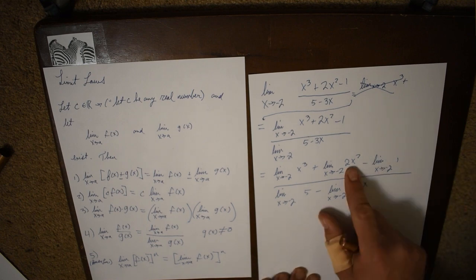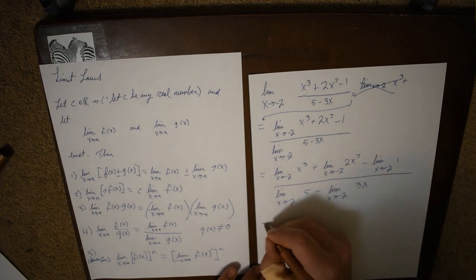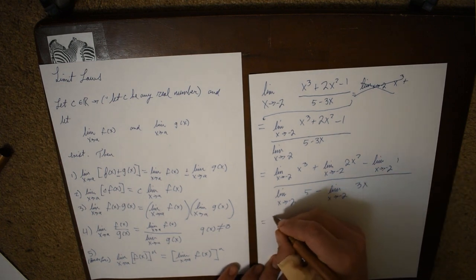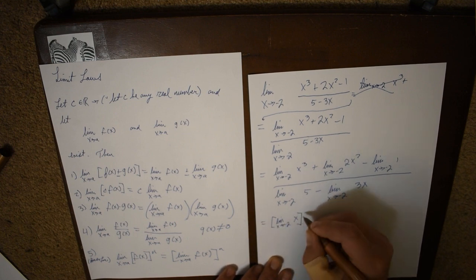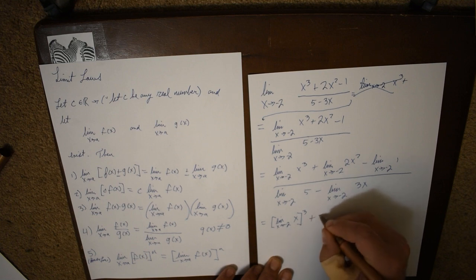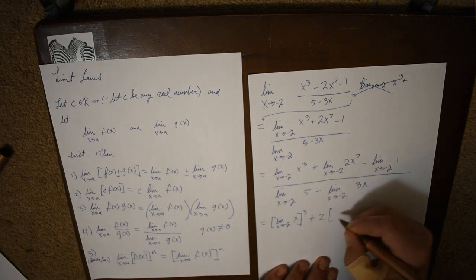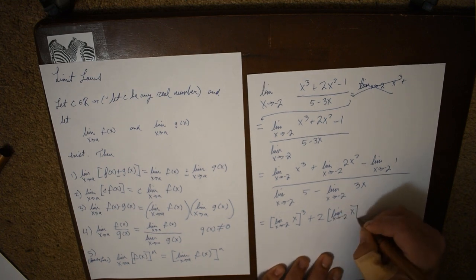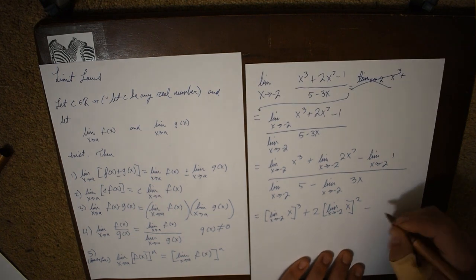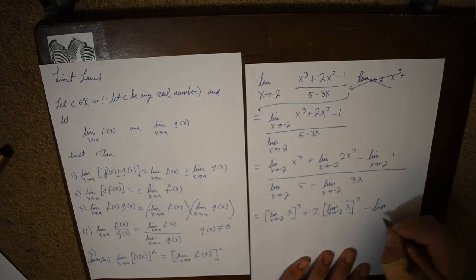I'm going to apply 2 here at the same time. We'll turn this into the limit as x approaches negative 2 of x, quantity cubed, plus 2 times the limit as x approaches negative 2 of x quantity squared minus the limit as x approaches negative 2 of 1.